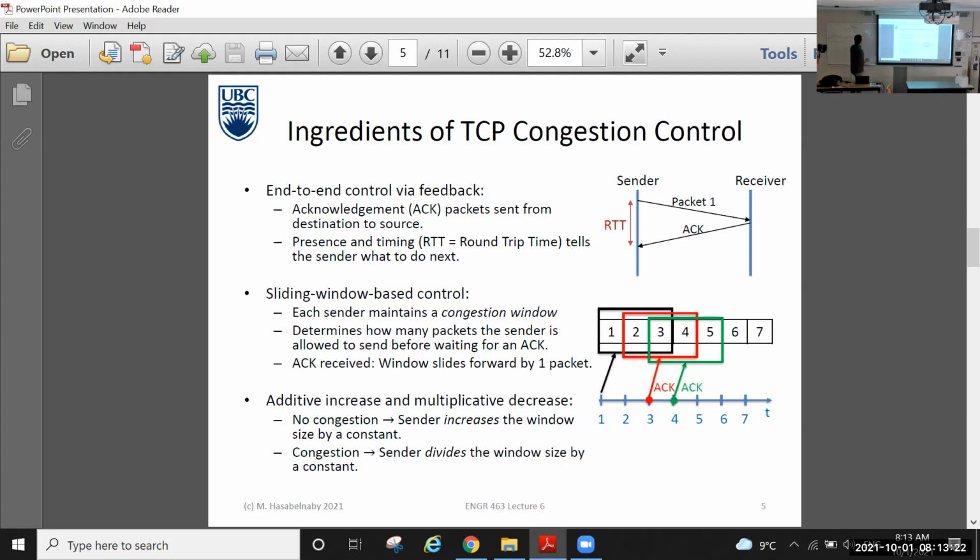So you are allowed to transmit 3 packets before receiving the first acknowledgement from the receiver.